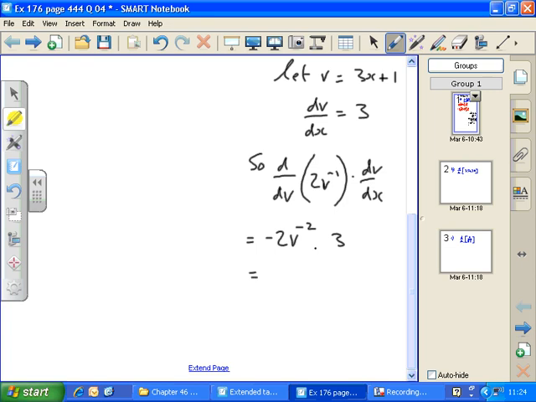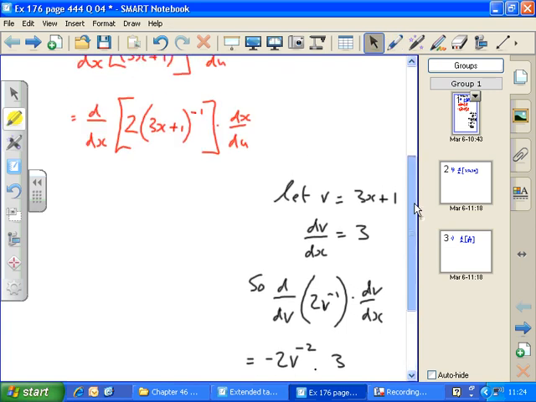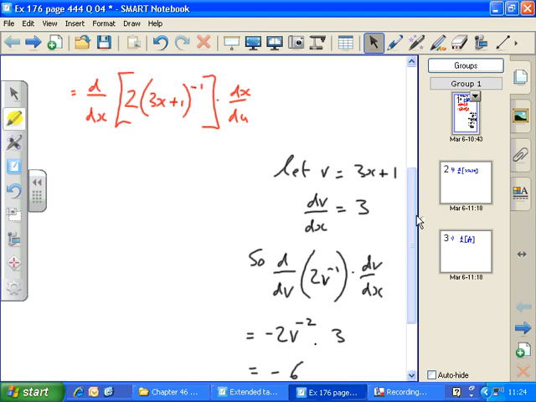And so this equals minus 2 times 3 is minus 6 over v squared, and v is 3x plus 1 all squared. So this we now put back into our implicit differential.